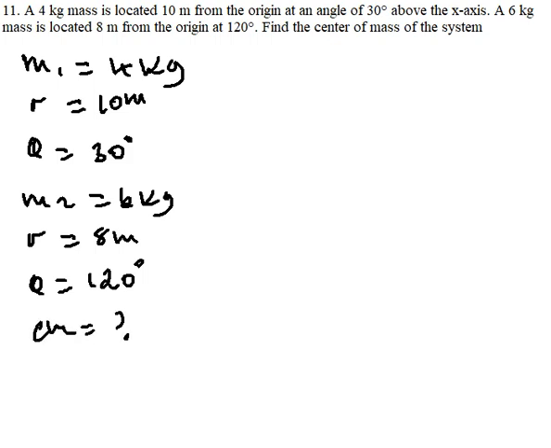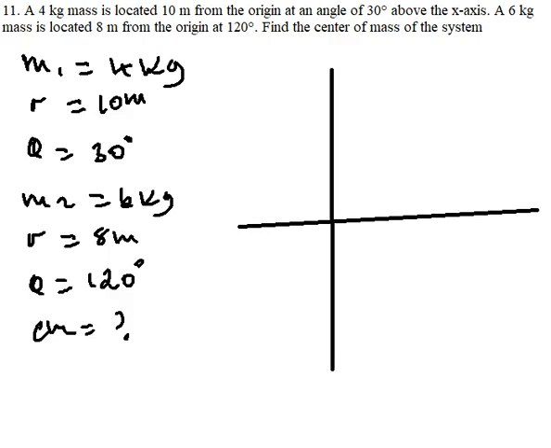The principle remains the same. This is a 2-dimension system, so let's present the system. The object of mass 1 is at an angle of 30 degrees above the horizon.